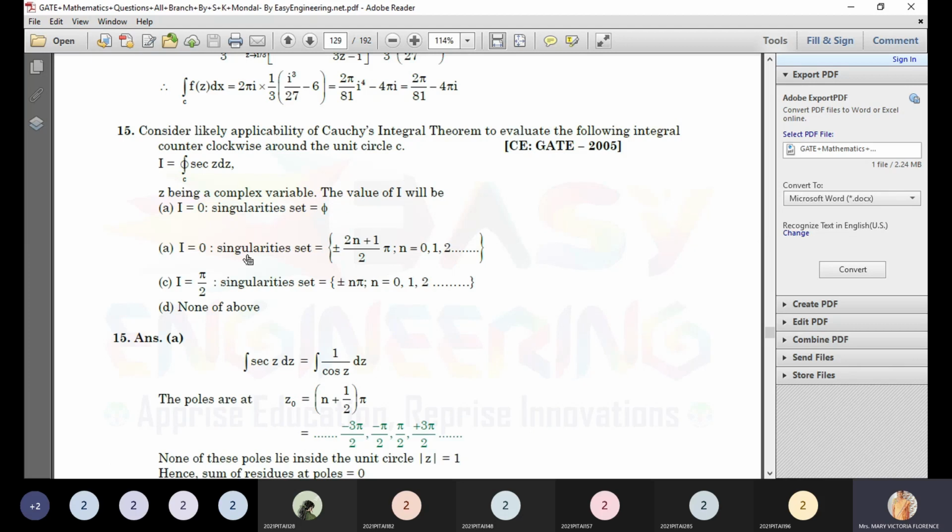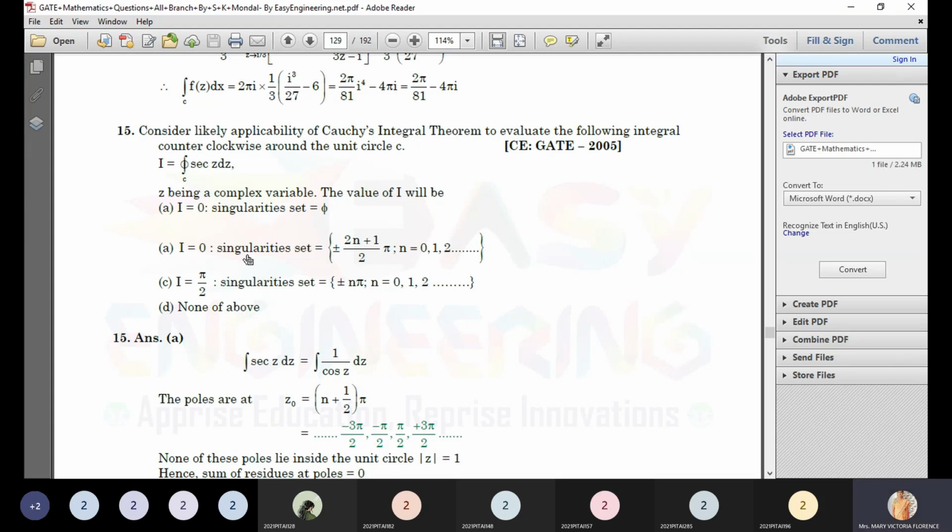Consider the likely applicability of Cauchy integral theorem to evaluate the following integral counterclockwise around the unit circle C. I is equal to the integral over C of secant z dz, z being a complex variable. The value of I will be: option A, I equal to 0, singularity set equal to empty set.